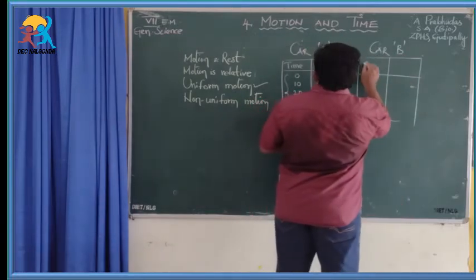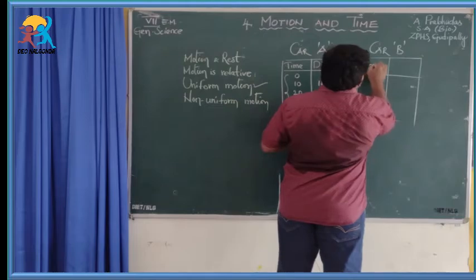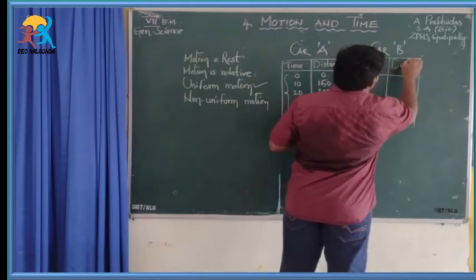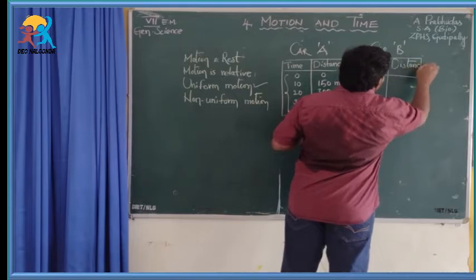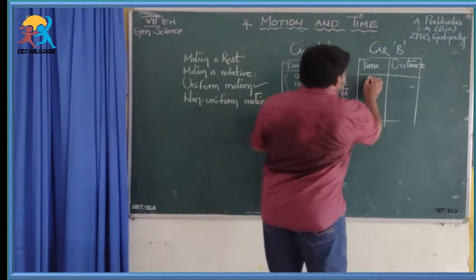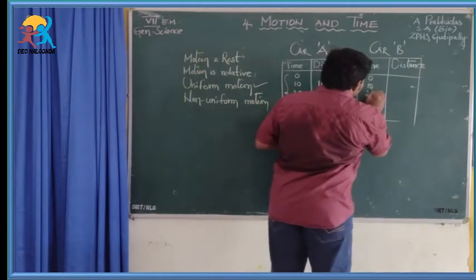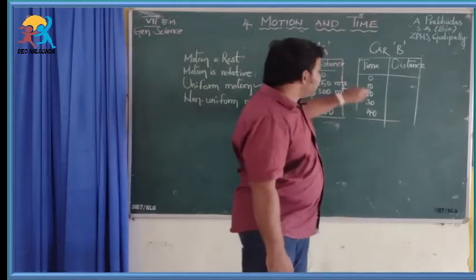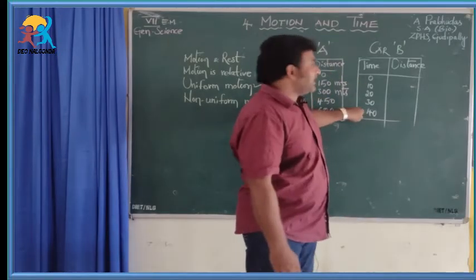In the first column I am taking time in seconds, and in the second column I am taking the distance travelled in meters. So 0, 10 seconds. So the time interval is always 10 seconds.